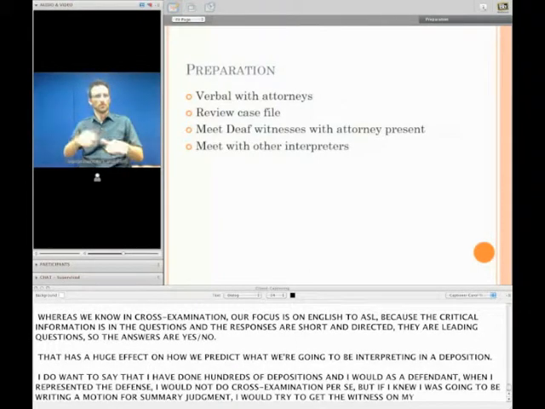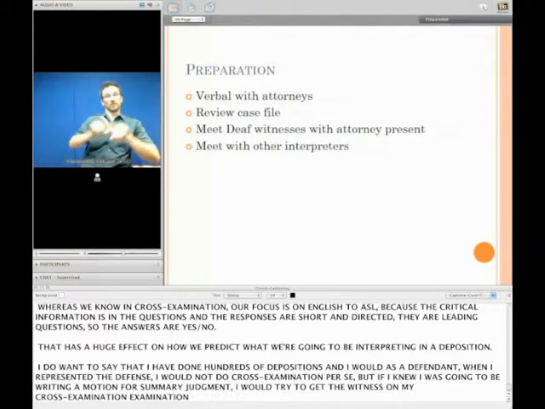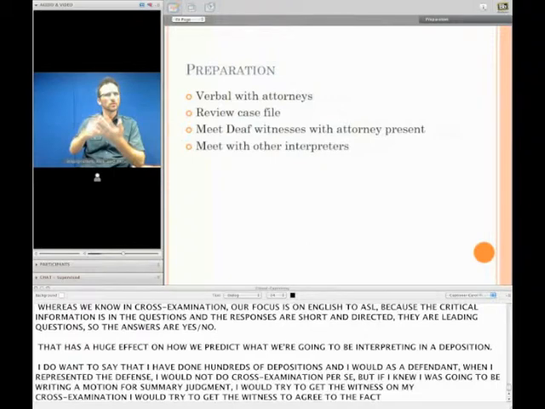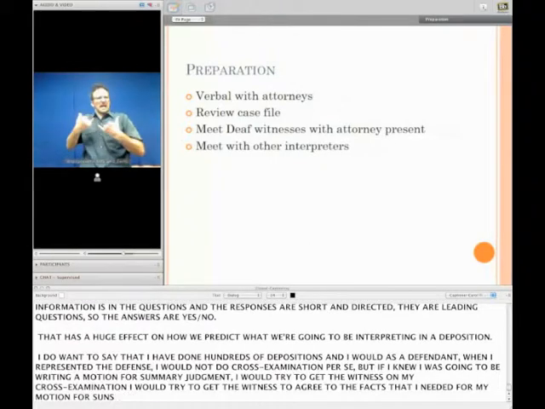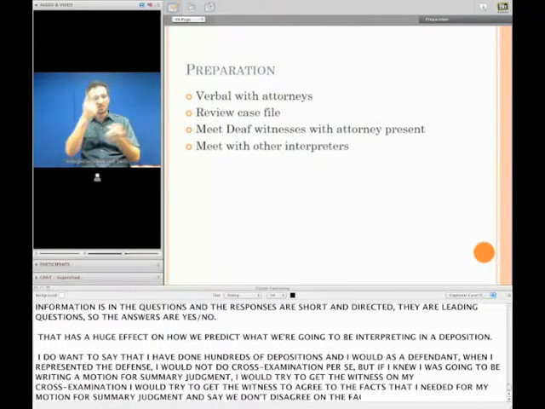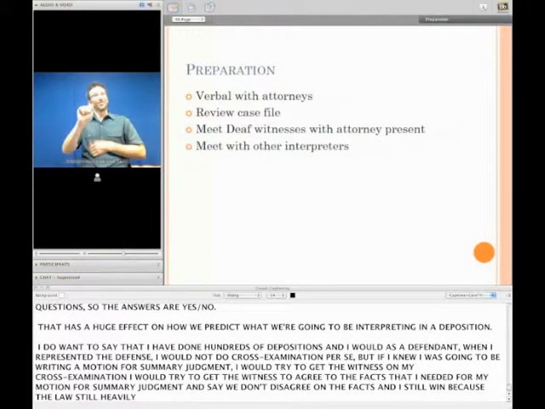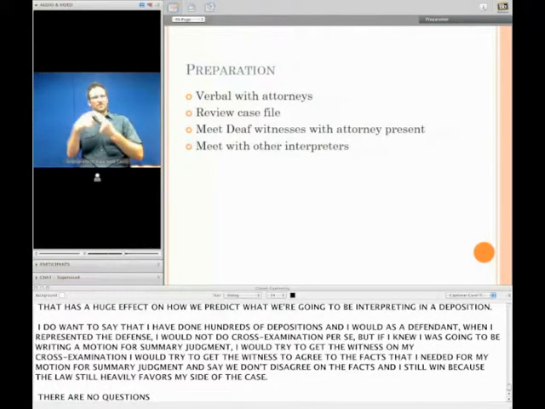I would try to get the witness to agree to those facts that I needed in order to write my motion for summary judgment and tell the court, look, we don't disagree on the facts, and even if you believe everything the plaintiff says is true, I still win because the law so heavily favors my side of the case. There's no question. But most attorneys don't do any.